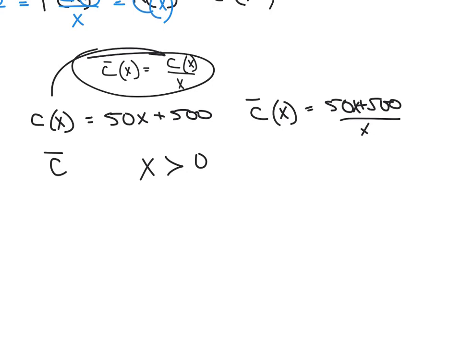There's no average if x is 0 or if x is a negative number. Number 1, because if this is 0, it's undefined. And number 2, you're not going to produce a negative amount of roses. All right, so part C, graph, and they've got the graph there.